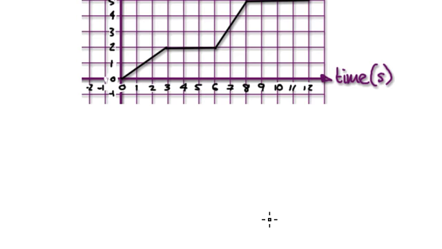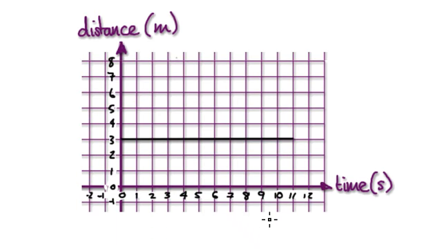Okay, next one. Given this distance time graph for, let's say, a car, at which of these two times is it going fastest, at time equals 2 or at time equals 7? Press pause and have a go.